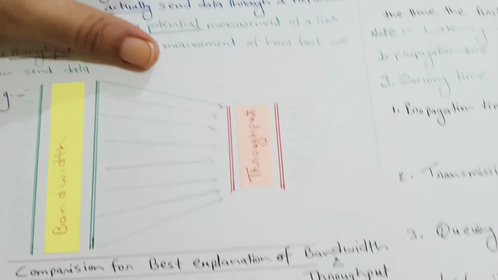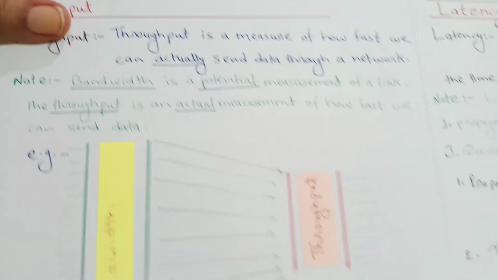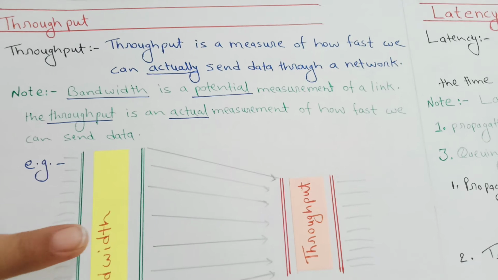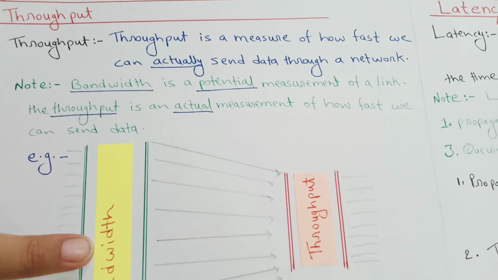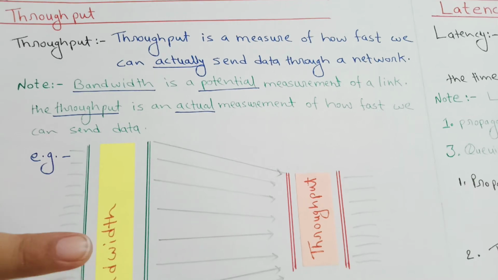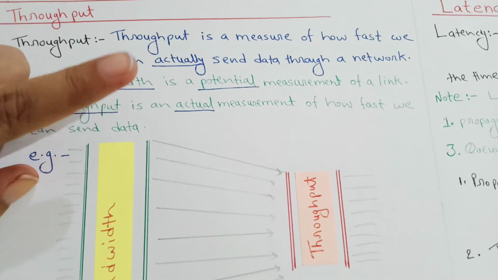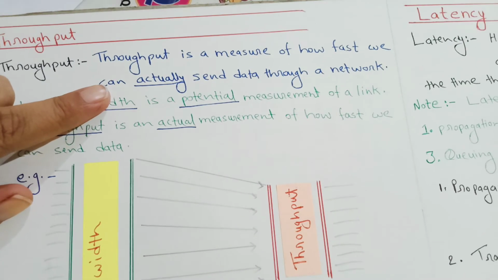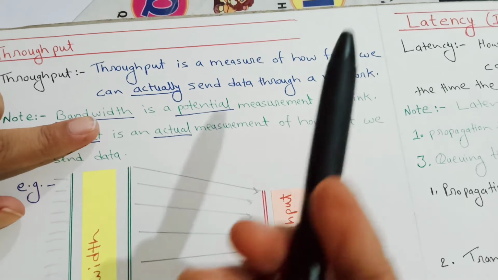Then let us discuss throughput. What is throughput? This image helps to imagine how bandwidth and throughput are related to each other. Throughput is a measure of how fast we can actually send data through a network.